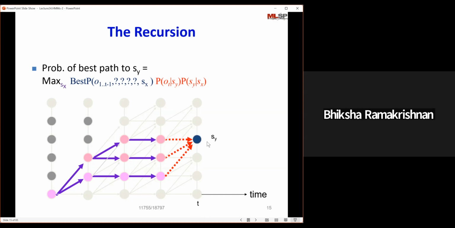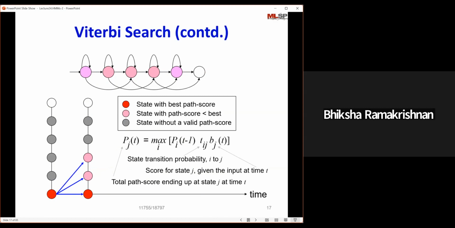So using this very simple logic, you could start off at the first time instant. At the first time instant, the most likely path to any state is just the state itself, and the probability of the most likely path is simply the initial probability of the state times the probability of the observation from that state.